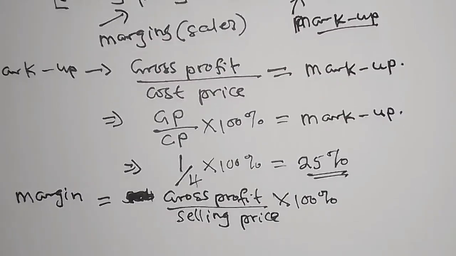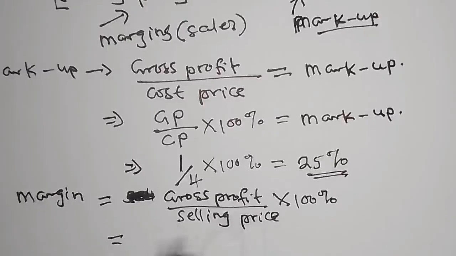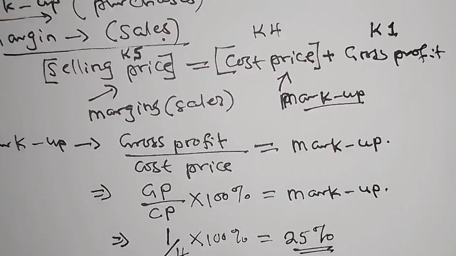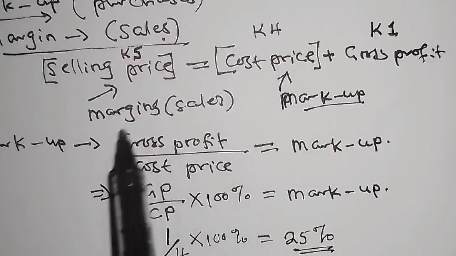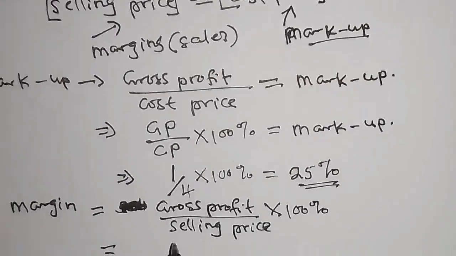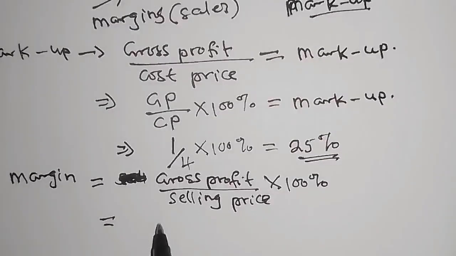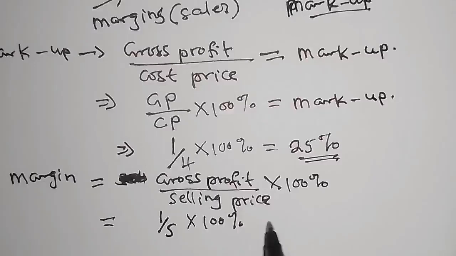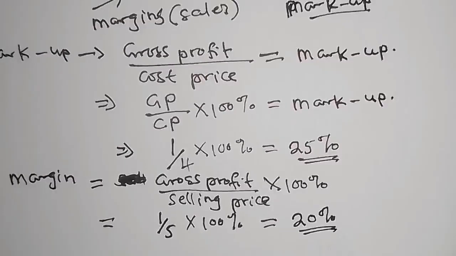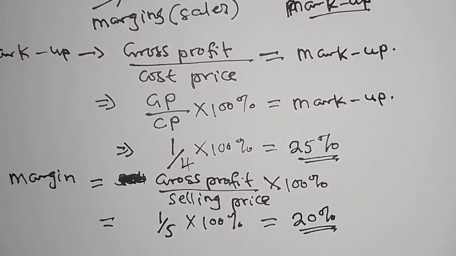In this simple example, the gross profit is 1 and the selling price is 5, so this changes to 1 out of 5, multiplied by 100, and 5 into 100 is just 20.